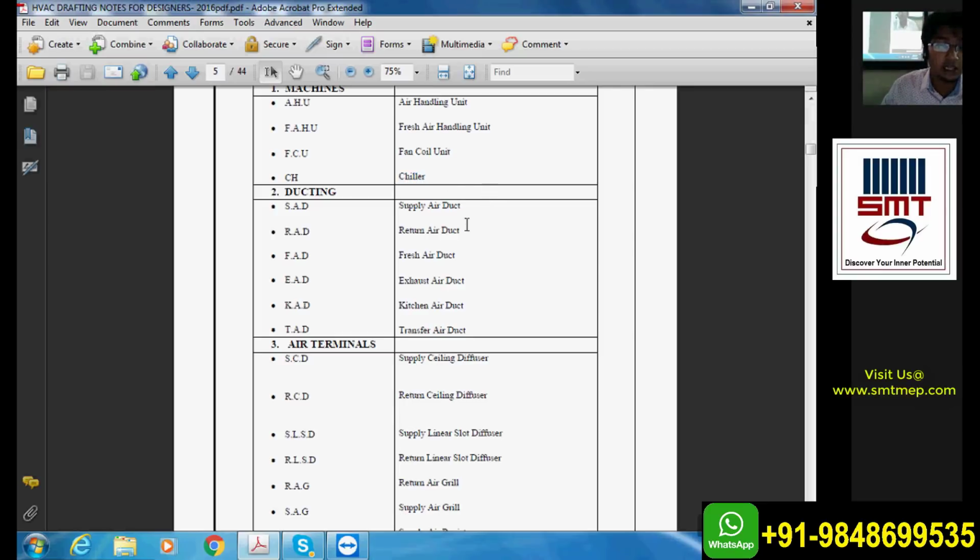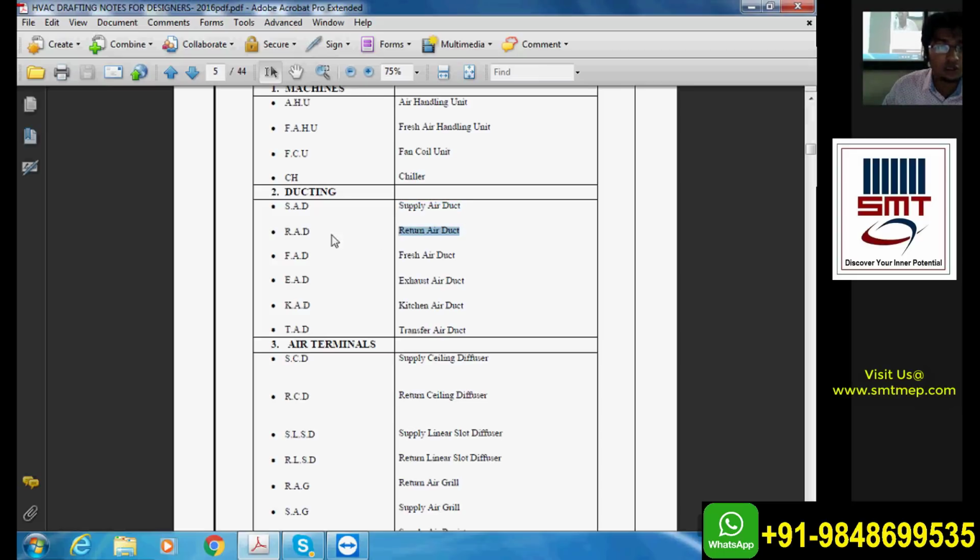Plus, you can just apply a slash here, a forward bracket, and you can write main duct. SAD is going to be the main duct, which is going to be attached to your AHU machine in the process of central cooling. So SAD is to be highlighted, and you do not have to refer to that as supply air diffuser. It is always going to remain as a supply air duct.